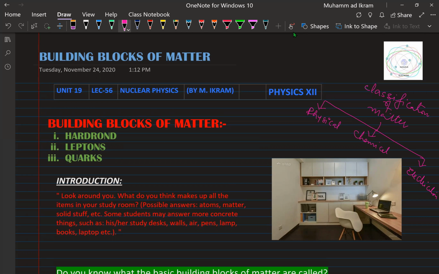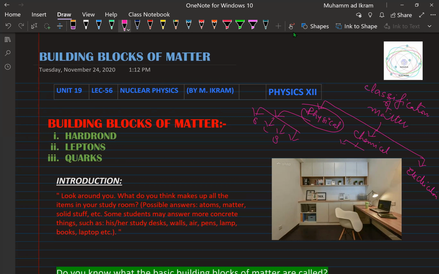In the physical, I told that we have solid, liquid, gases, and plasma. And in the chemical, I told mixtures and compounds, and that the chemistry teacher might further explain the organic and inorganic compounds, and the mixtures, homogeneous and heterogeneous, and what that whole story is.